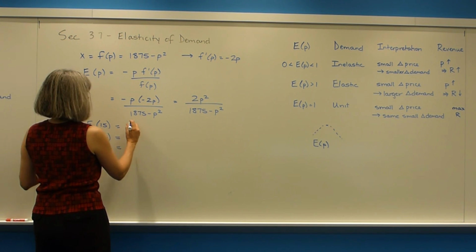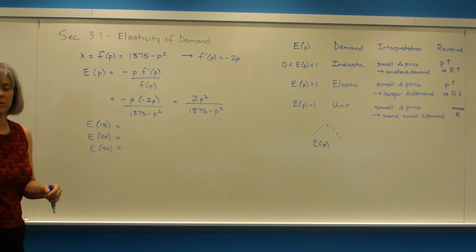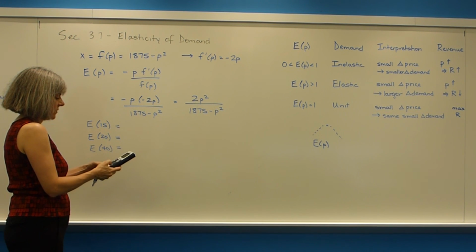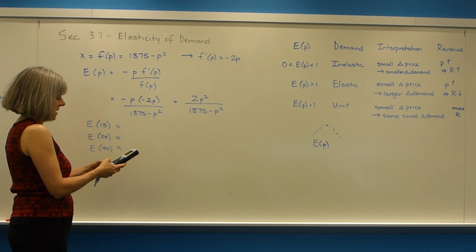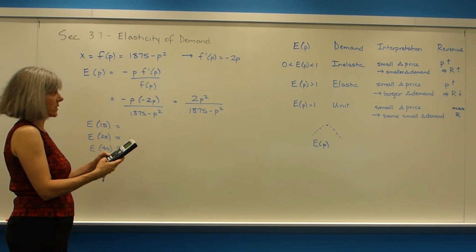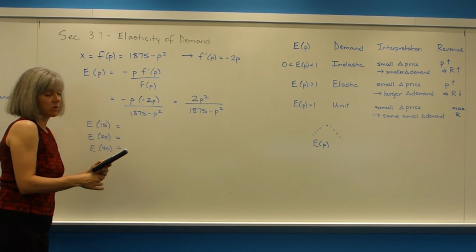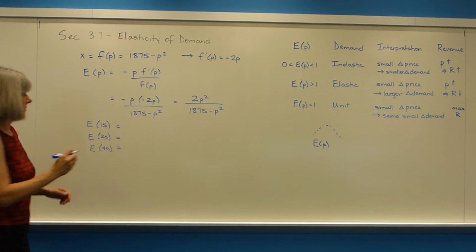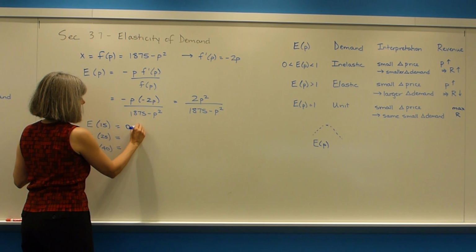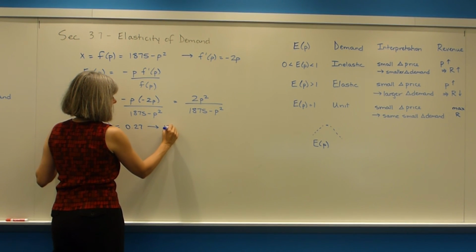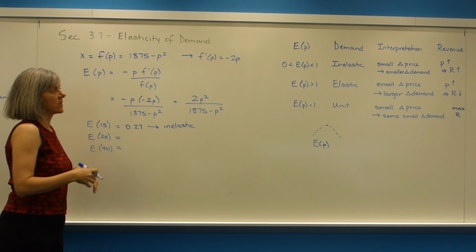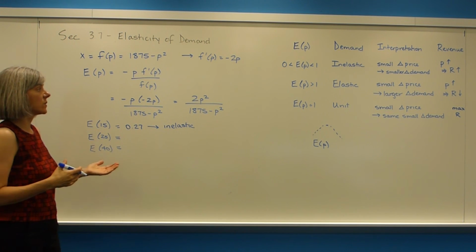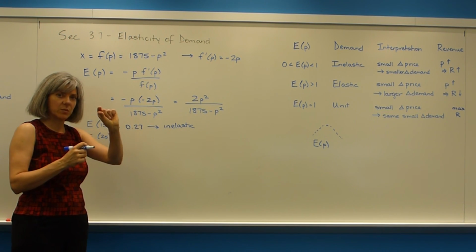All right, so E of 15, so 2 times, let's just go ahead and start doing this on the calculator. So 2 times 15 squared divided by 1875 minus 15 squared. Be careful with your parentheses, please. I get 0.2727. So this is inelastic. So we know that the revenue will be going up with price. We know demand will be going down by a small bit.